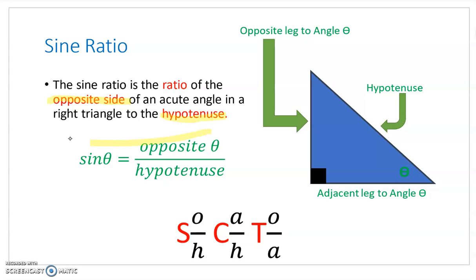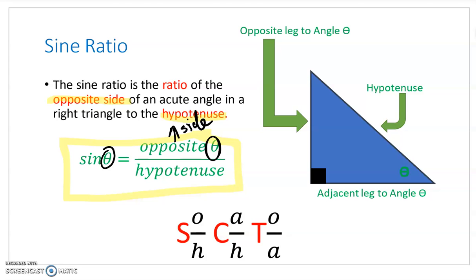So here is the formula that you definitely need to know. So we have the sine of some acute angle, angle theta, is equal to opposite angle theta. So this means the opposite side to that angle divided by the hypotenuse of the right triangle.